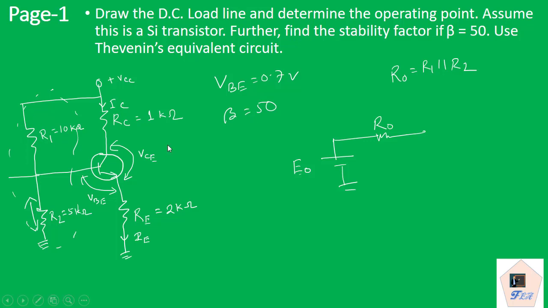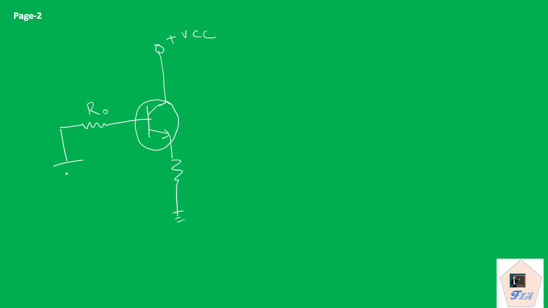So we can now redraw this circuit as we have the transistor and we have the emitter resistor. So now this is plus VCC. Now in the input section, we have the equivalent resistor R0, and we have a voltage source which is responsible for biasing the base emitter junction.